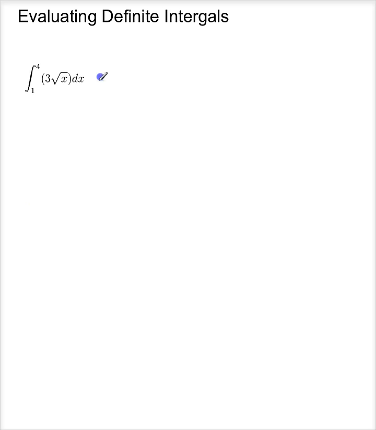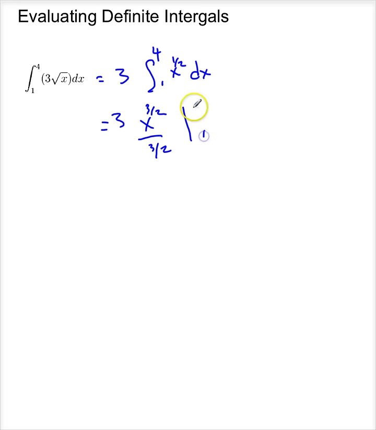Now let's look at this one. This is 3 times the integral from 1 to 4 of x to the 1/2 dx. So this is 3 times the antiderivative of x to the 1/2, which is x to the 3/2 divided by 3/2, evaluated at 1 and 4.